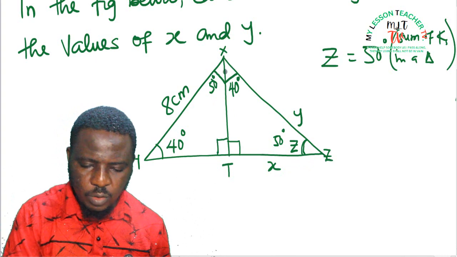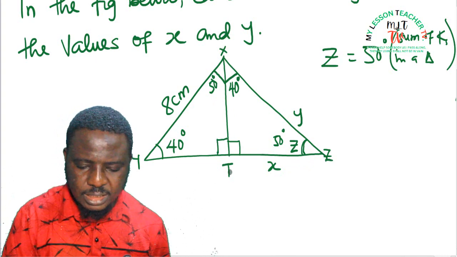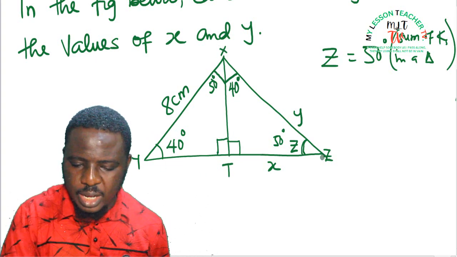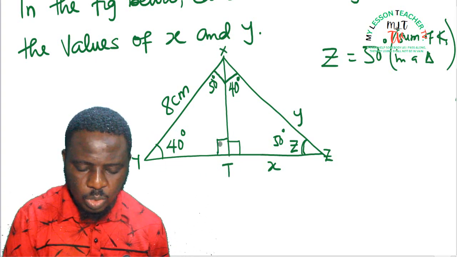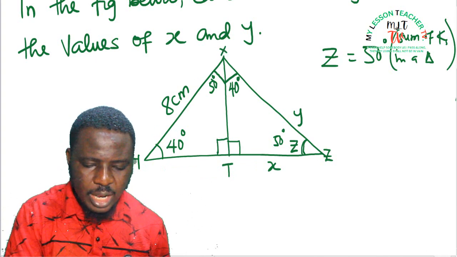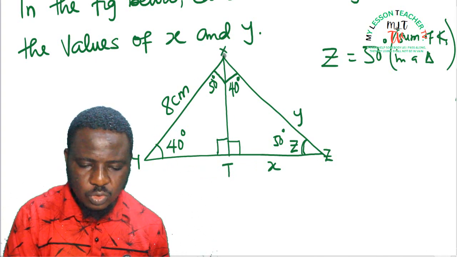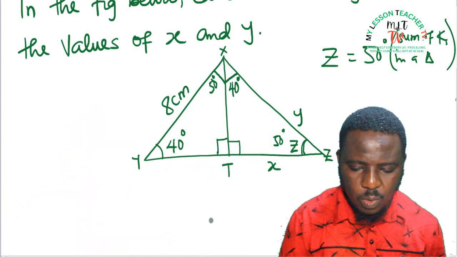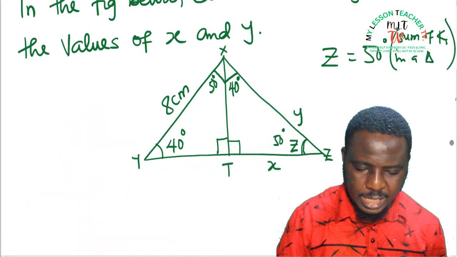Knowing fully well that side XT is common to both triangle XYT and triangle XZT, we shall use triangle XYT to get side XT, and then in turn look for our Y and X.